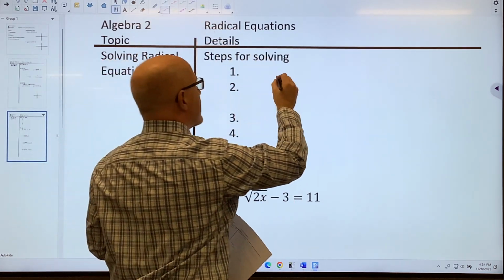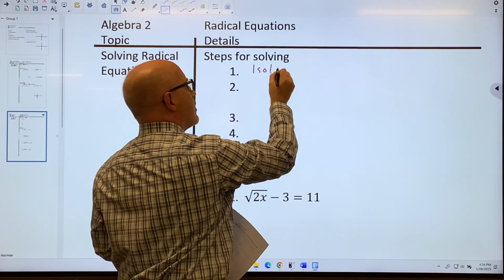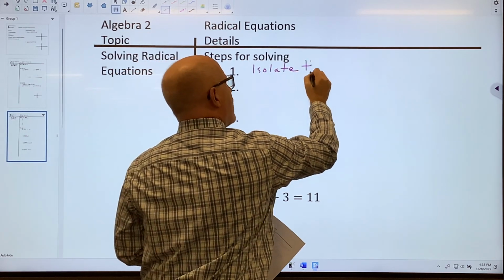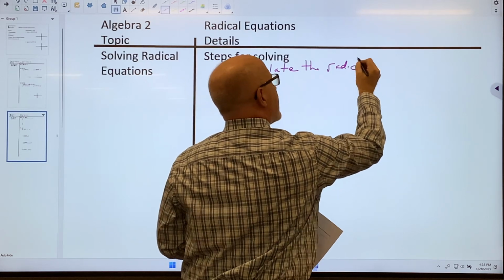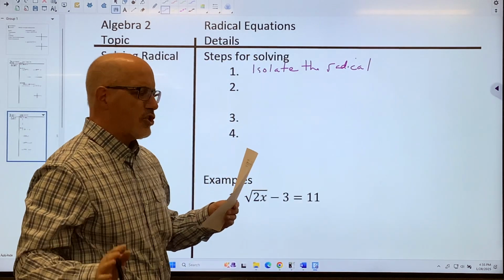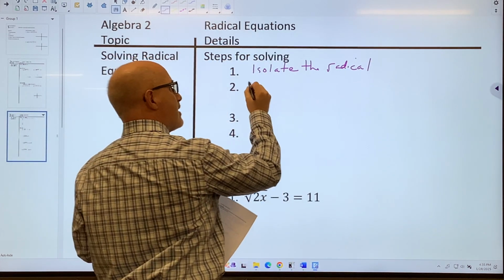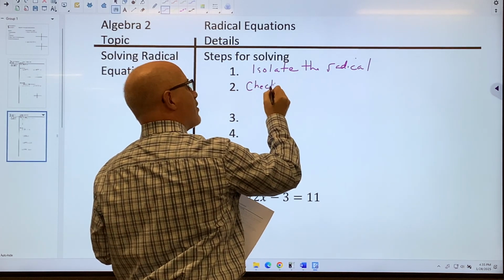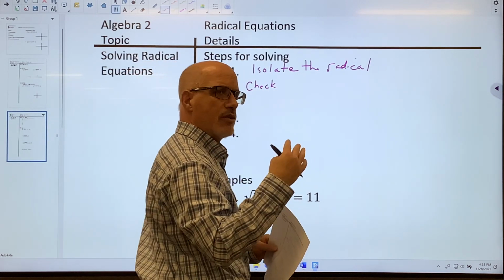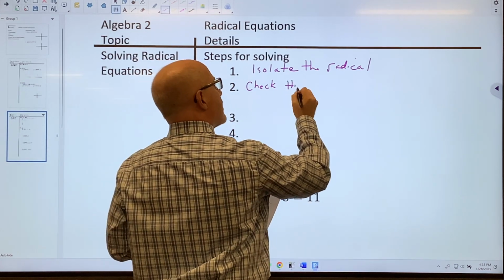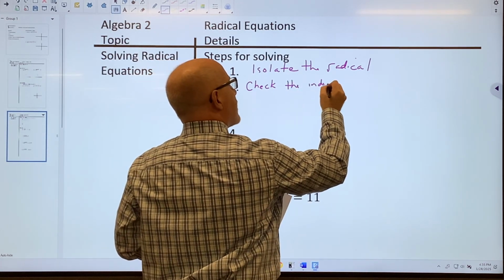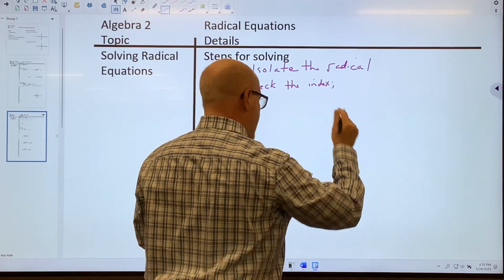We start with isolating the radical. Get it all by itself. The next step is to go ahead and check the index, because that is the number that is going to tell us what to do to undo the radical. So that's the number.